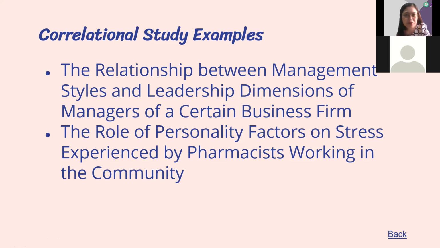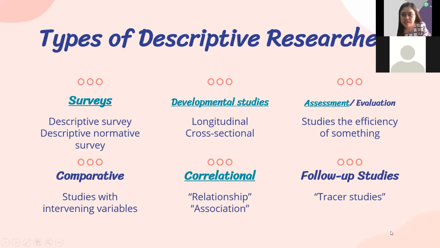And then we also have role of personality factors and stress experienced by pharmacists working in the community. So ano ang kinukuhanan ng relationship? Personality factors and then stress. So merong mga variables class na ini-establish whether they have association or relationship when it comes to correlational studies.